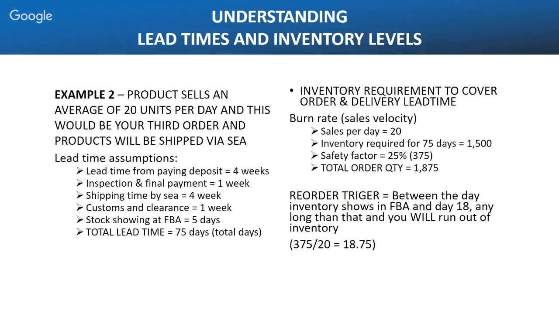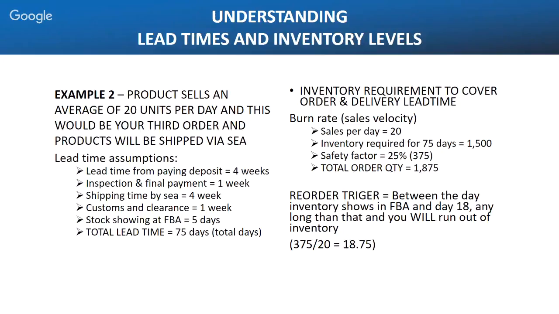You've also got paperwork and logistics once that vessel docks in America. You've got all of the customs and clearance to go through, so again, we're talking about a week there. And then stock showing up in FBA, about 5 days. So these are all thereabouts. So total lead time now, because we're going by sea and ordering a little bit more, is 75 days.